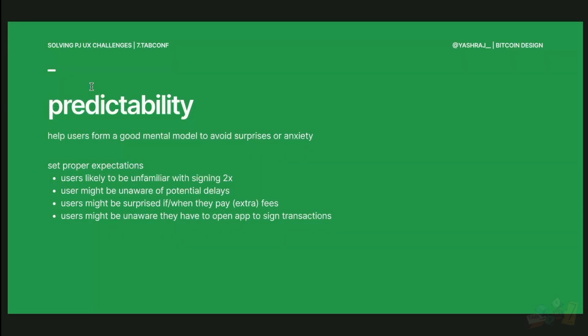How? Predictability, right? This is a new process. Users don't know how it works. Help the users form a good mental model to avoid surprises or anxiety. Let's say as a receiver I created a transaction invoice and shared it with the sender, then 6 hours go by and nothing happens, and then I get a message saying Payjoin failed. I have no idea what just happened, right?